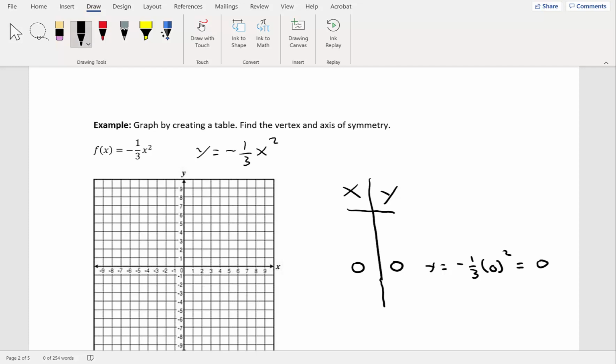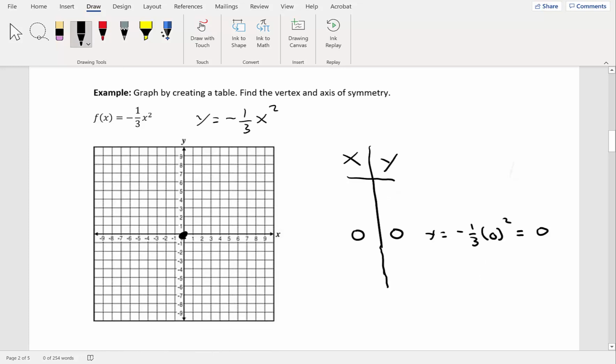So that gives me my vertex. But now I want additional points. Since we have this parabola shape, I want more than 2 points. For example, if I plot my vertex, which is right there, the origin 0, 0, and plot one more point, this doesn't tell me what the parabola is going to look like, because remember, we have a curve shape for our parabola. So let's find, say, 4 more points.